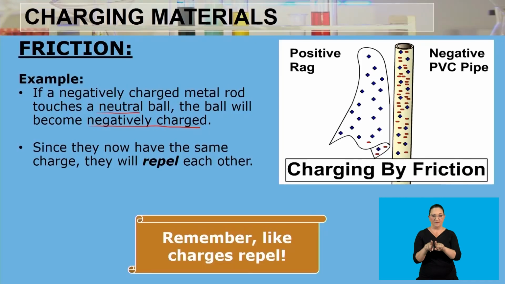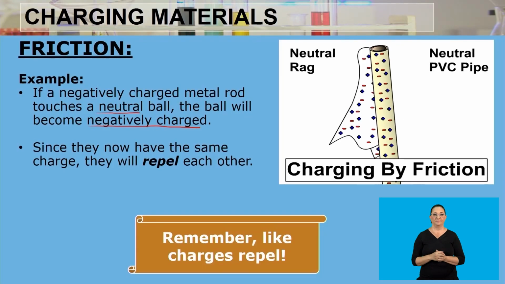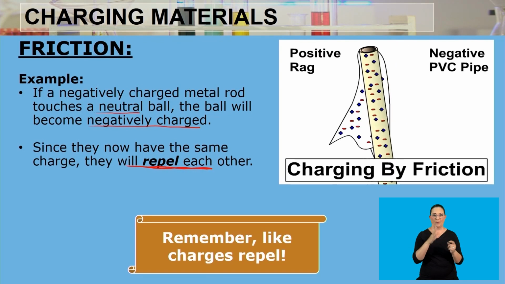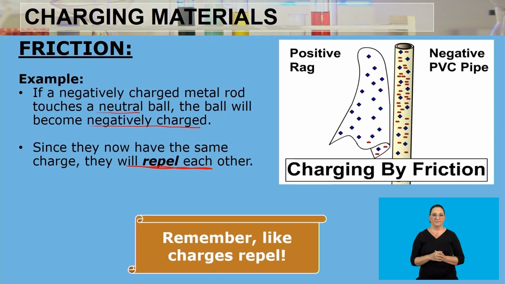Now that the ball and the metal rod have the same charge, they are going to repel each other. We always need to remember that like charges repel and unlike charges attract. Like charges repel, as the law states, and unlike charges are going to attract each other.